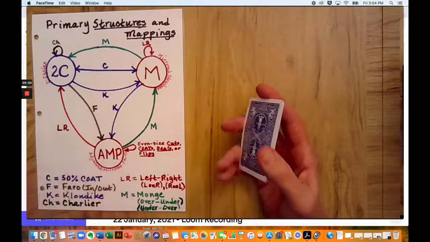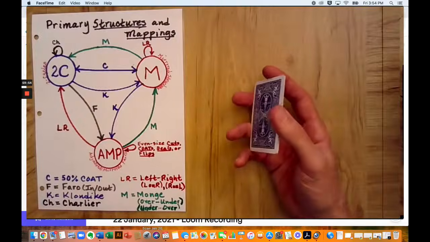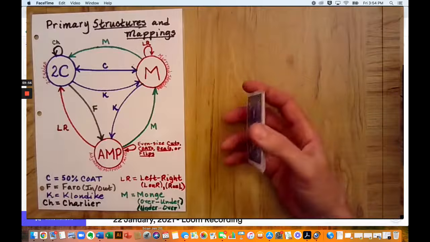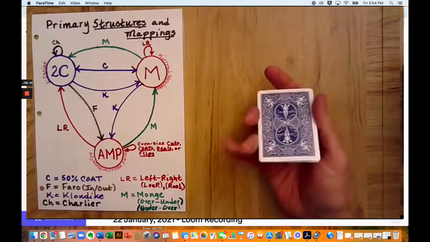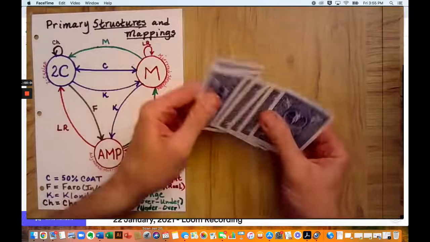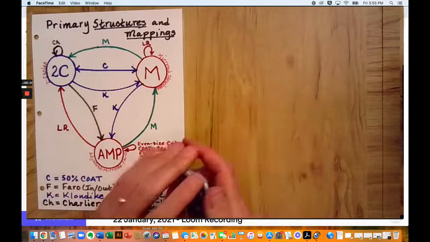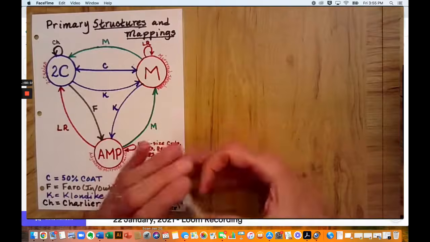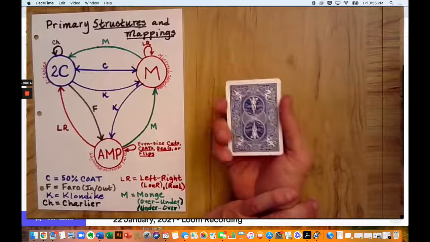Now, despite the fact that that looks pretty messy, and it looks like it would be impossible to know where things are, and in some ways that is true, because I can do this with my eyes closed, right? And then at that point, I truly don't know exactly the order of the cards. I can't tell you what card's on top, for example.